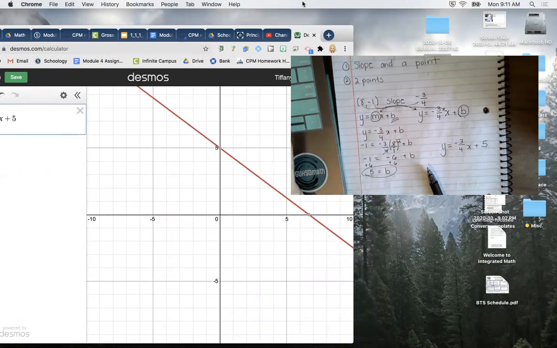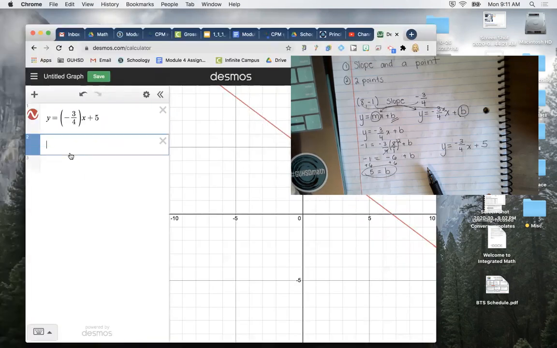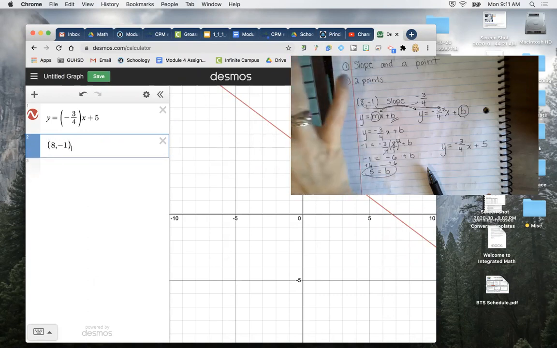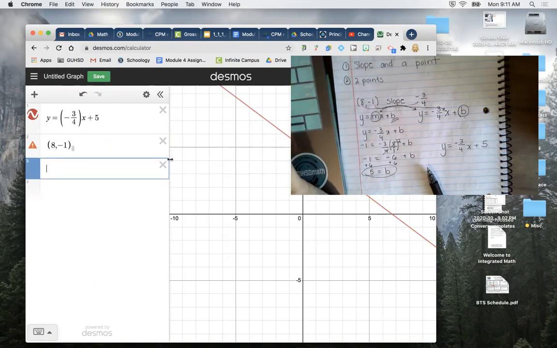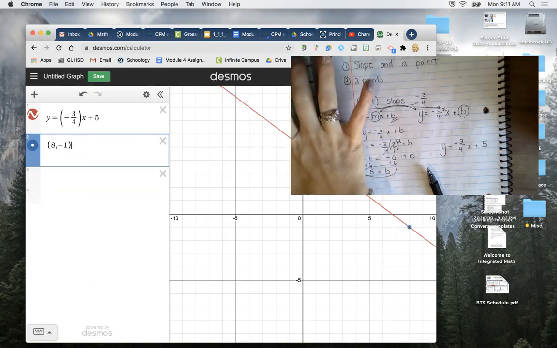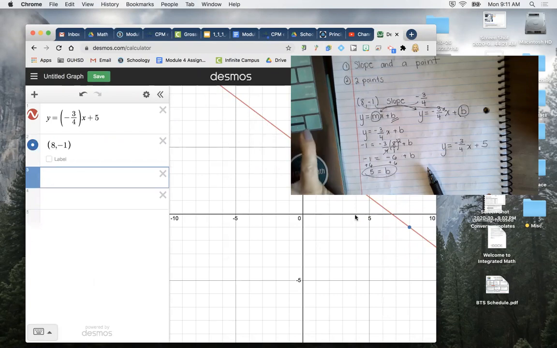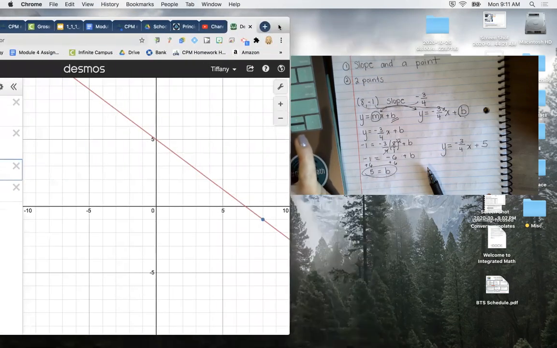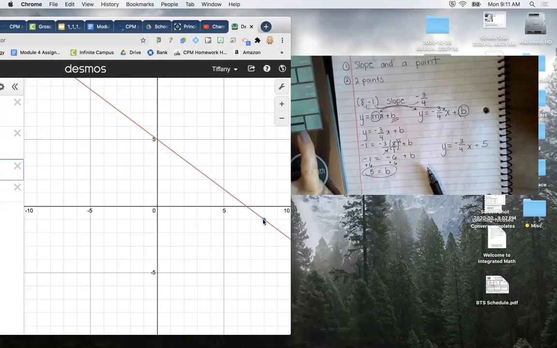The other way to check is to actually, in Desmos, put the point on there: (8, -1), just to make sure that it actually works on here, and it did. It put the point right on there for me, so I can see that it's on the line.